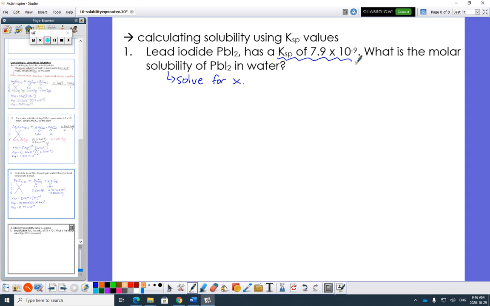Again, this year, based on your limited math, that's as far as we're going to go. You'll either have just a squared term and you can just square root, or you'll have a cubed term and you have to cube root, okay?